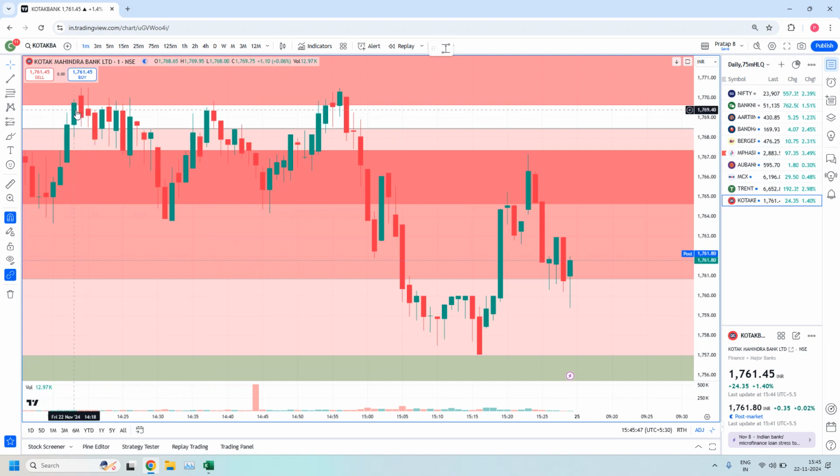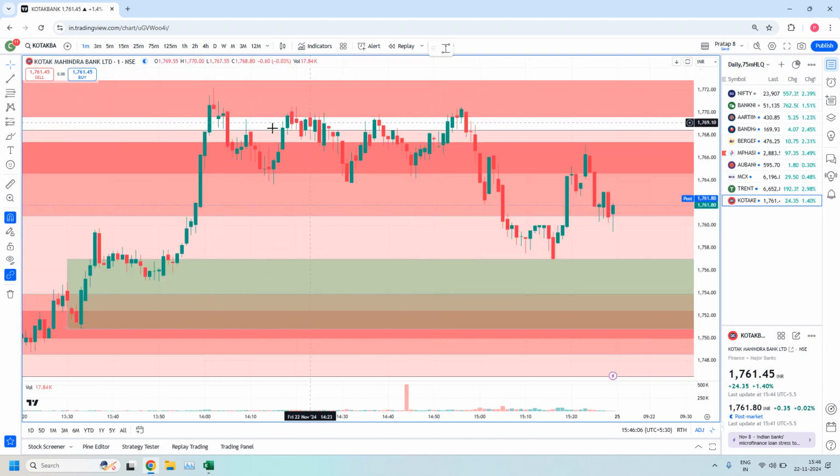And what about 14:18 to the last candle here, coming out at 14:57? That means almost 40 minutes. It was moving within this zone only, the trap area.